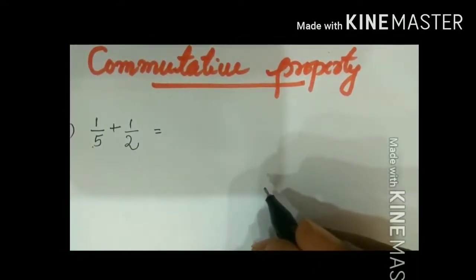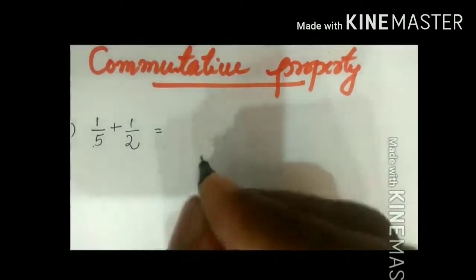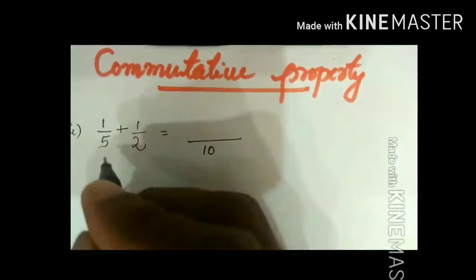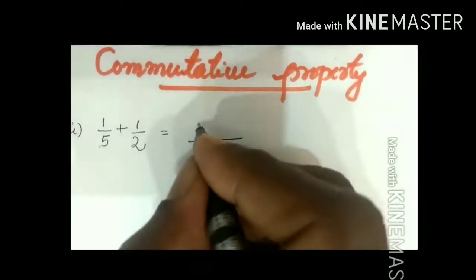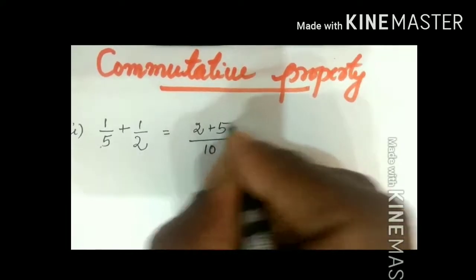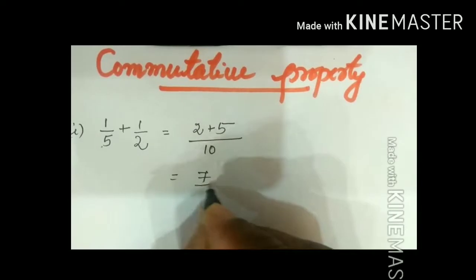Are the denominators the same? No, the denominators are different. So in this case, we have to take the LCM. What's the LCM of 5 and 2? It is 10. So 5 2s are 10, 2 5s are 10. It is 5. So the result will be 7 by 10.